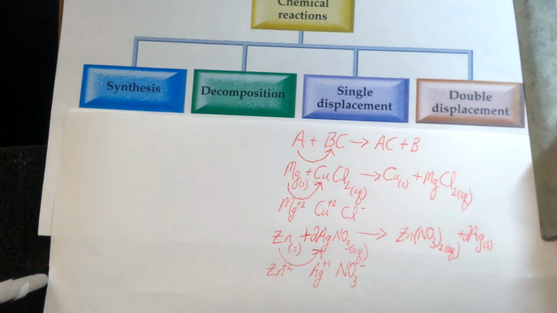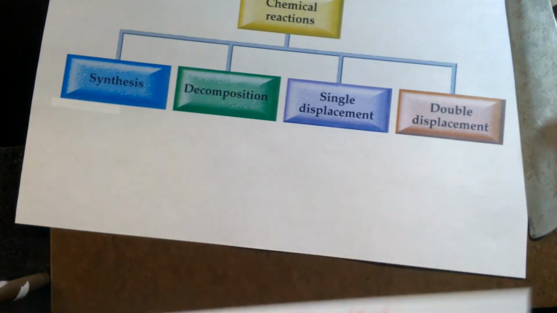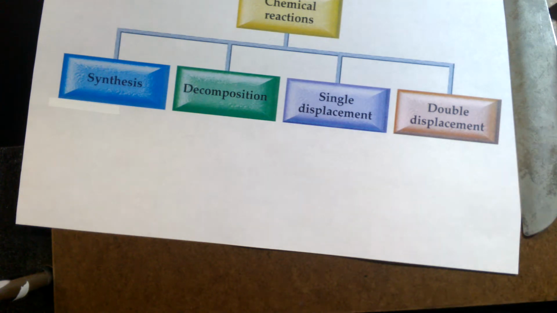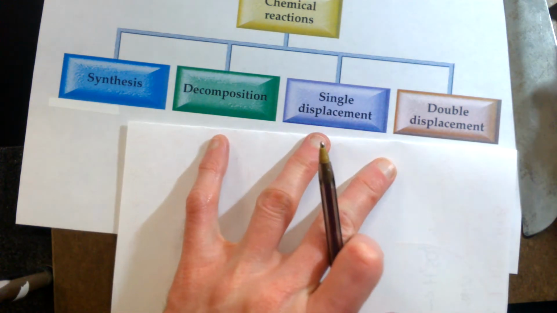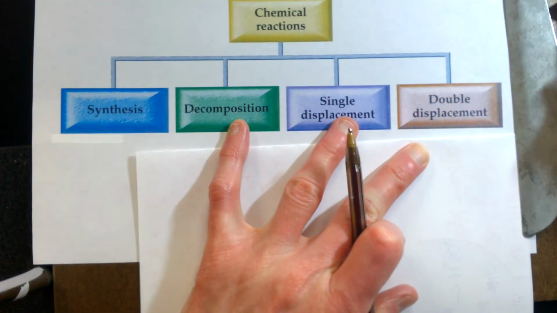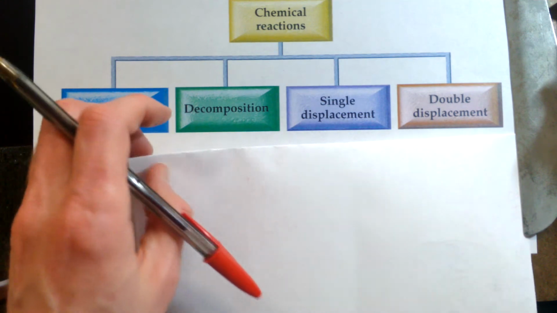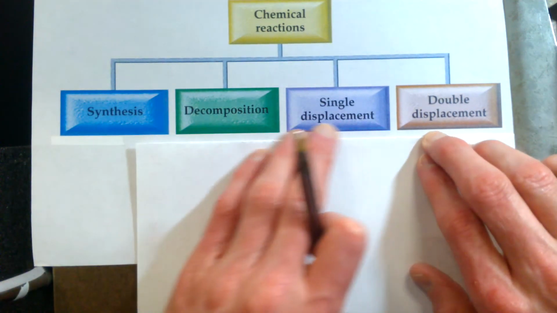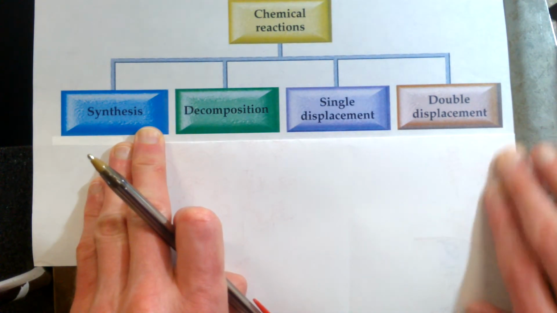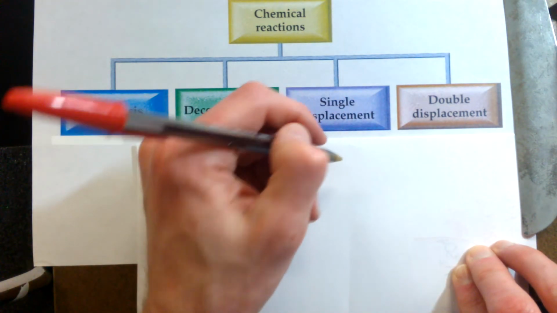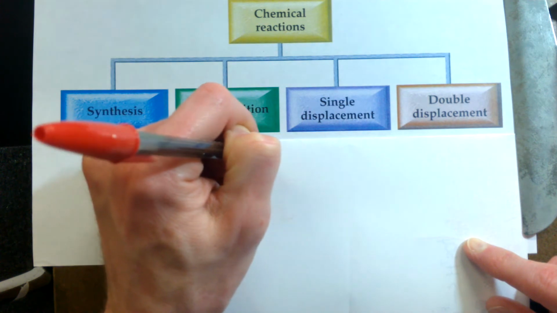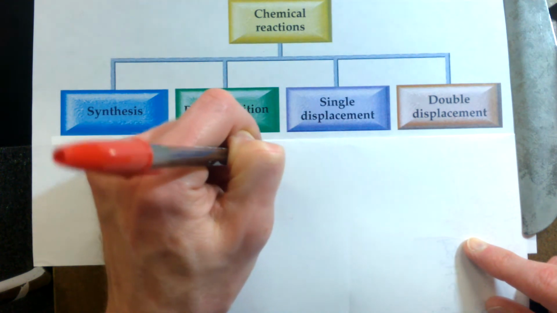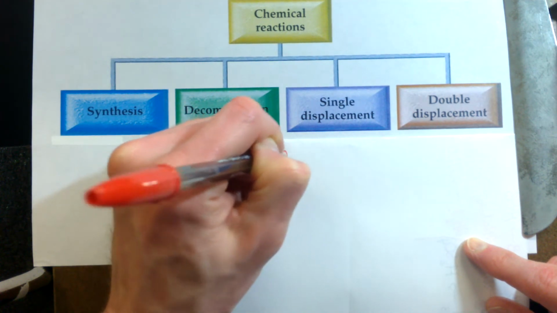Now, finally, let's take a look at the double displacement. The double displacement reactions are often called precipitation reactions because they oftentimes form an insoluble solid. Now, they may also form a gas or form water. That's likely as well. So, for example, a precipitation reaction, we might have potassium nitrate.